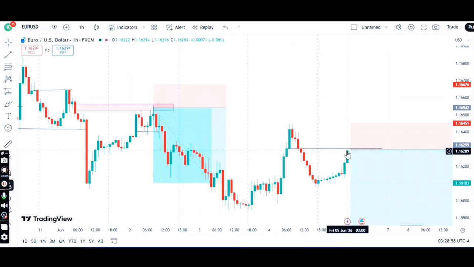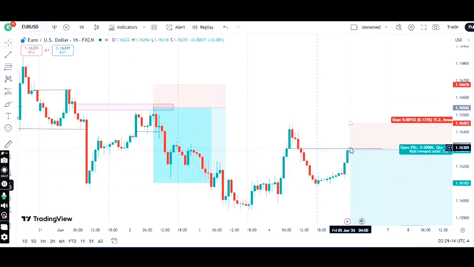Now the market is trading at this point. Today is Friday, as I already told you, and I'm going to take this particular trade once the market comes to this last bullish candle that was formed before this movement up to this point, and respects it.